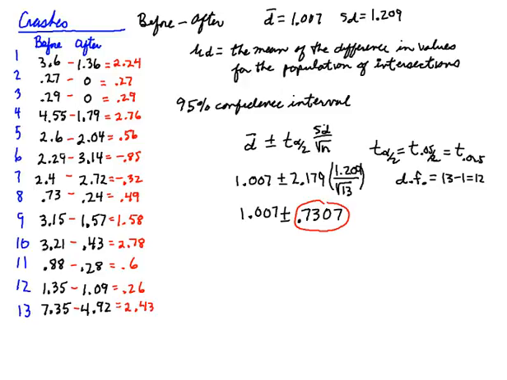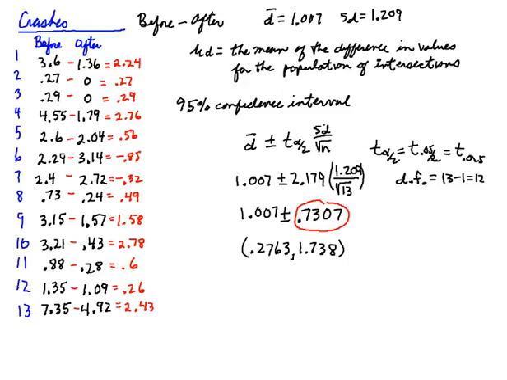And that gives me a confidence interval of 0.2763 on the lower end and 1.738 on the upper end.